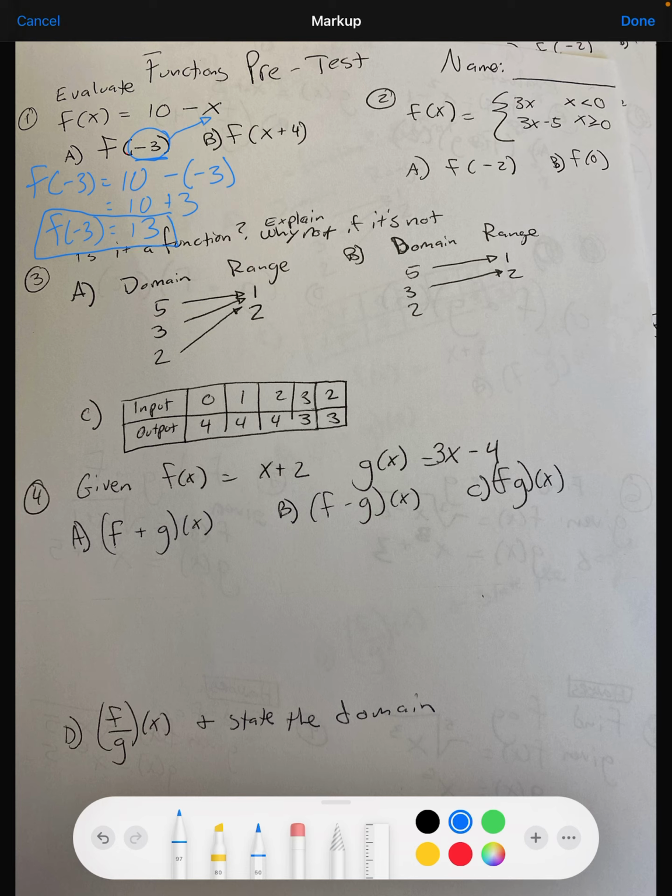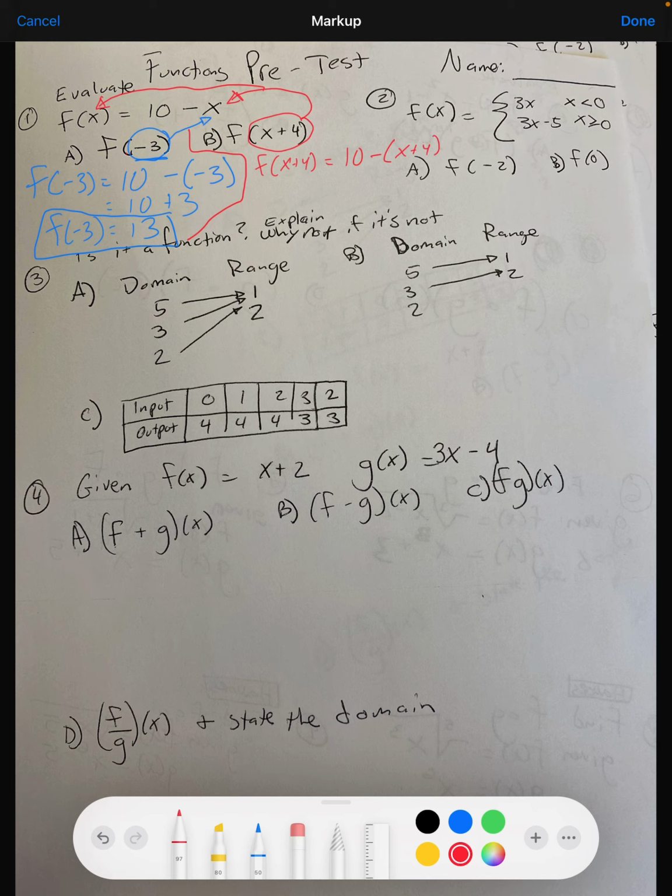Okay. All right, changing colors. Now, same idea. If we have input of x plus 4, that's going to plug in to our x. And we would get the function with input x plus 4 equals 10 minus (x plus 4).